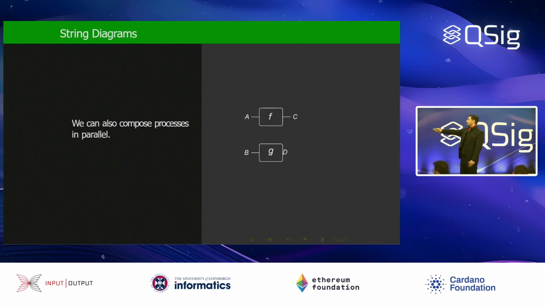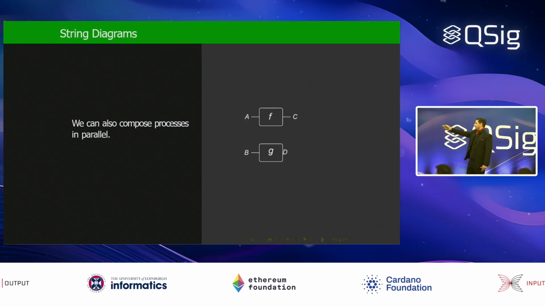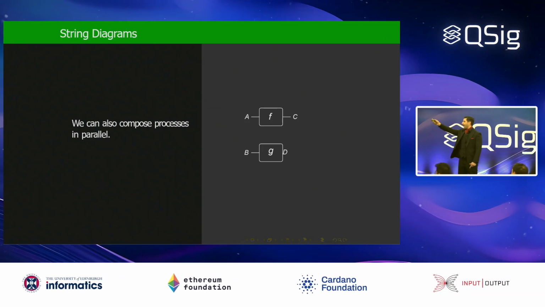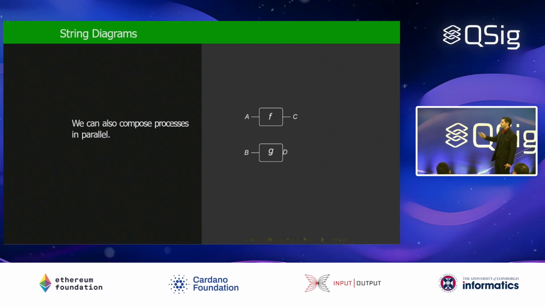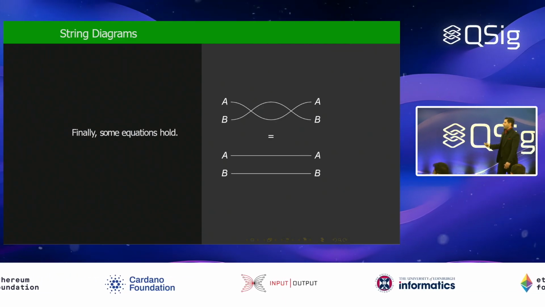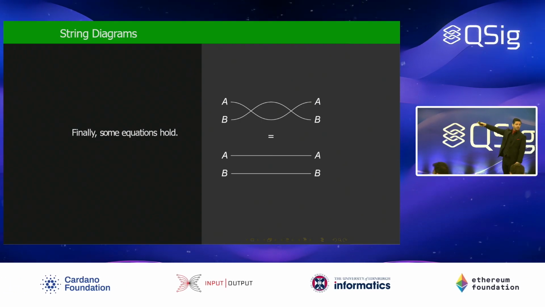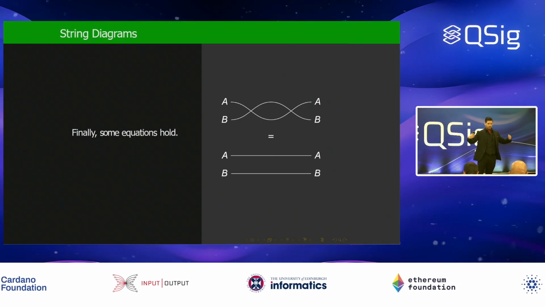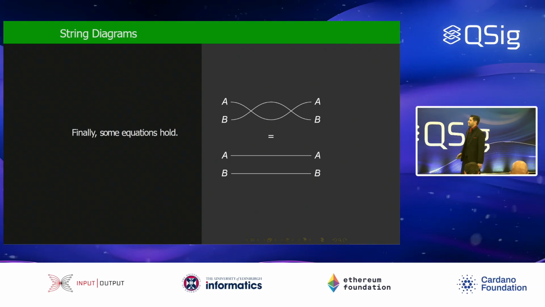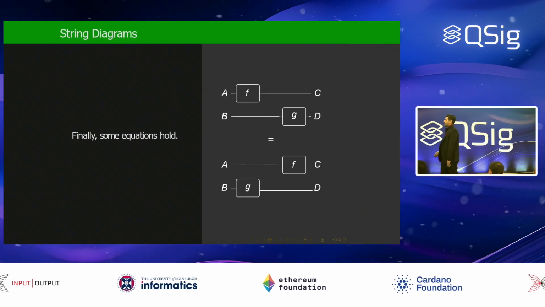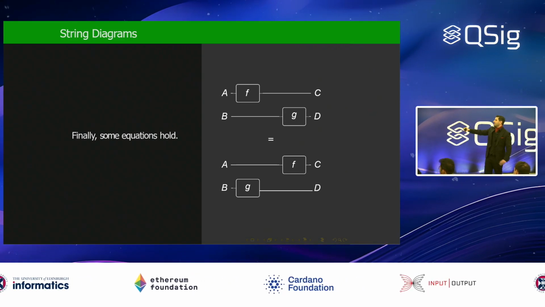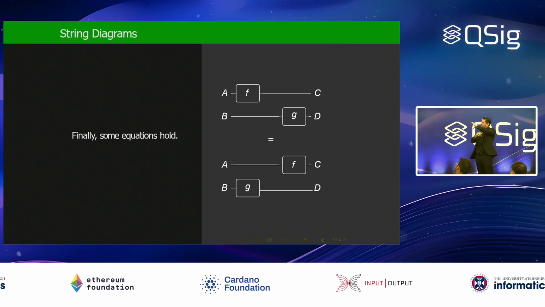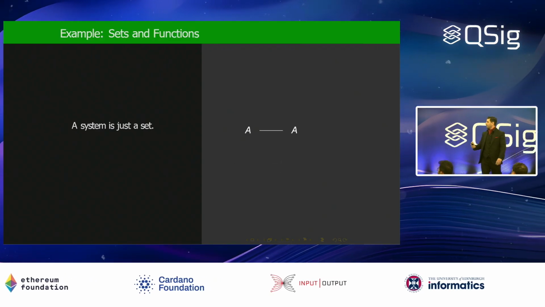And we can also compose them in parallel. So in this case, F and G are acting independently on two different systems and spitting outputs on two different systems. Then we have some equations. For instance, if you swap these things twice, you can yank the wires and get the system on the bottom. And again, this looks very intuitive. If F and G are acting independently, you can slide one past the other, basically.